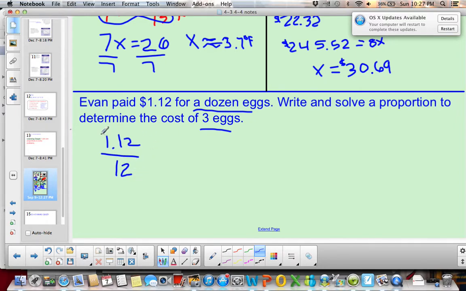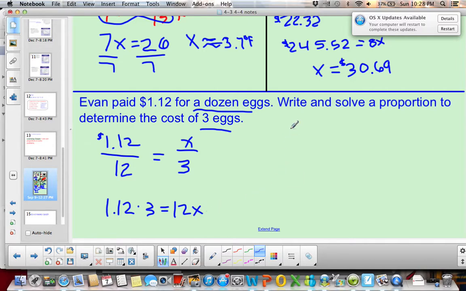So if you did 1 for 1 dozen, then that's going to throw you off a little bit. Okay, and then I'm trying to find the cost of 3 eggs. So then I do $1.12 times 3 equals 12x.